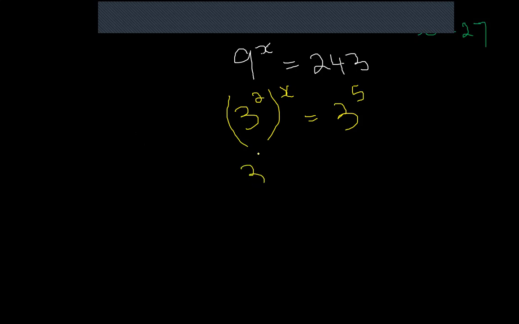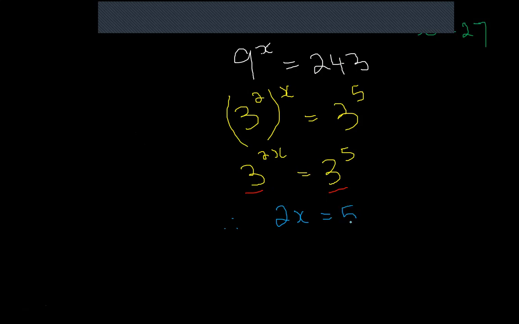We know that this is 3 raised to the power of 2x. If you don't understand that, let me know. 3 to the power of 5. And now I have the same bases, 3 and 3, so I could equate the indices. Therefore, this is the therefore symbol, 2x has to be equal to 5.